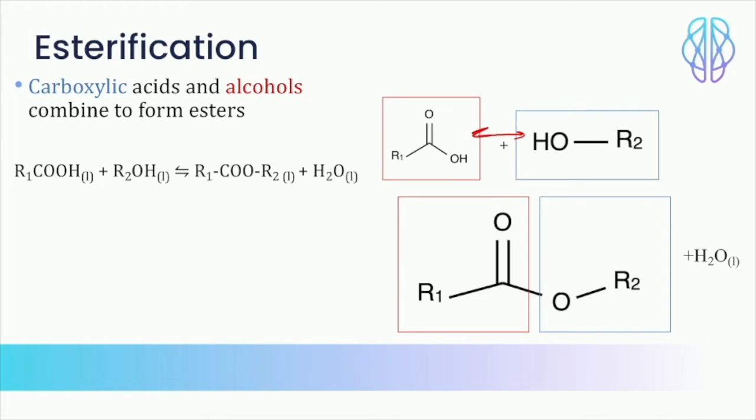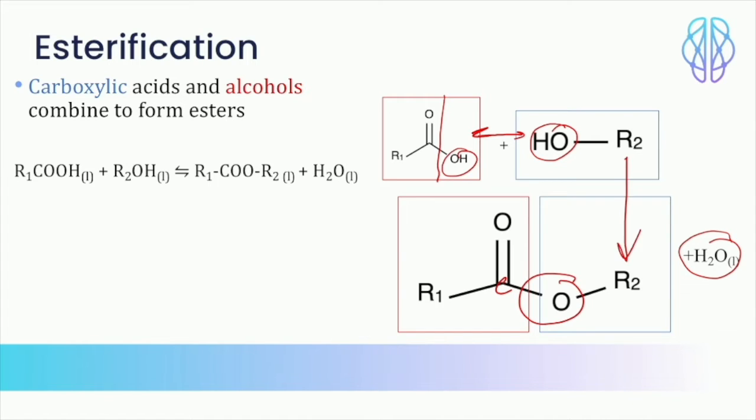So in the red box is everything contributed by the carboxylic acid. So the R1 alkyl group and the C here and the double bond is what is contributed from the carboxylic acid. This OH group in the carboxylic acid and that OH group in the alcohol react to, like I said, give you the water and this single bonded oxygen here.